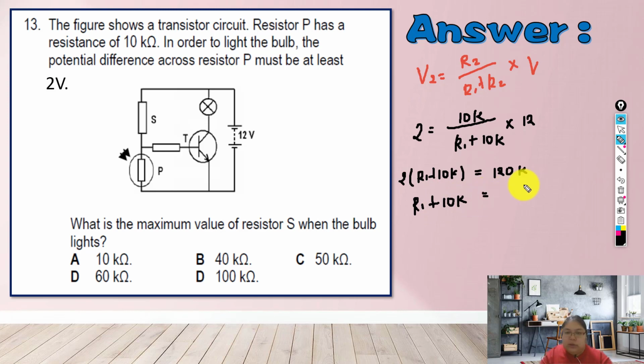Finally, I want to find R1, so R1 equals 60 minus 10K, which leaves 50 kilo ohm. This is the answer. The answer here is C. We're just using the voltage divider to solve the problem.